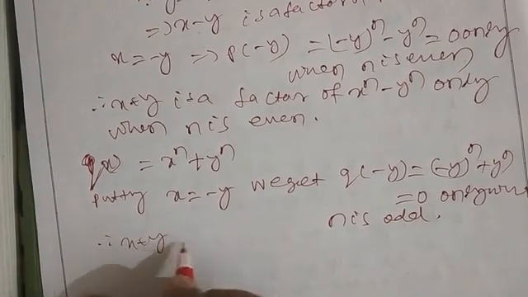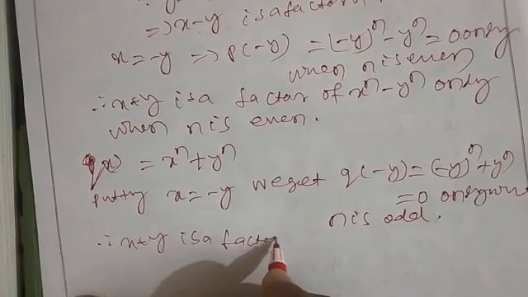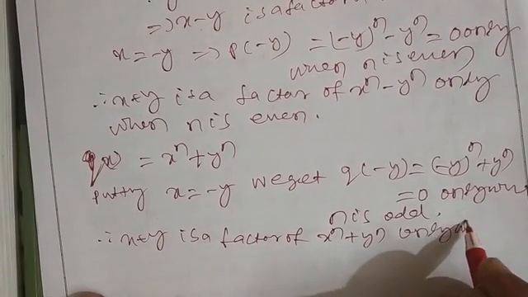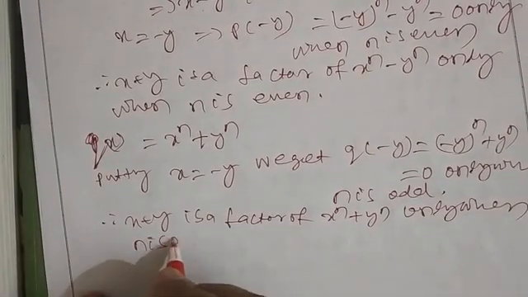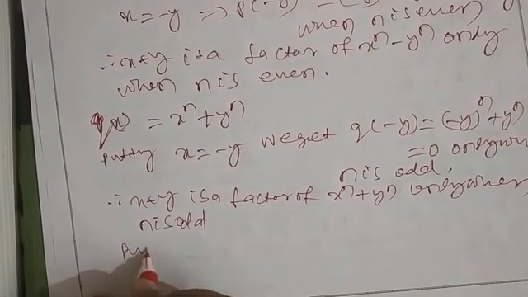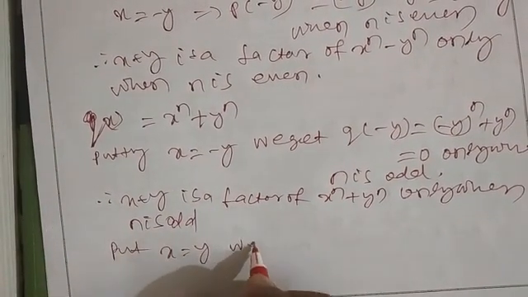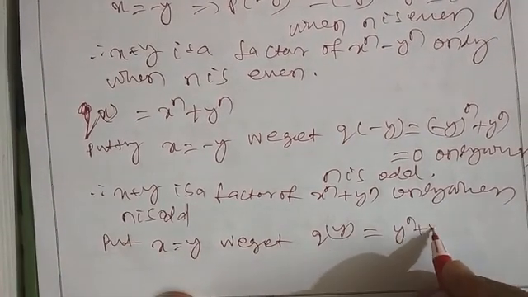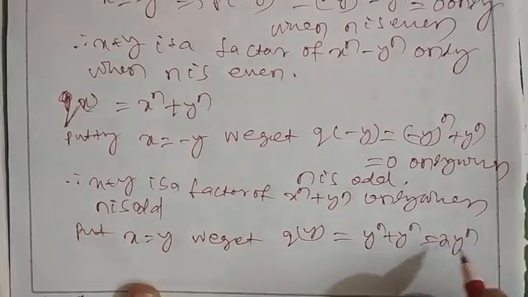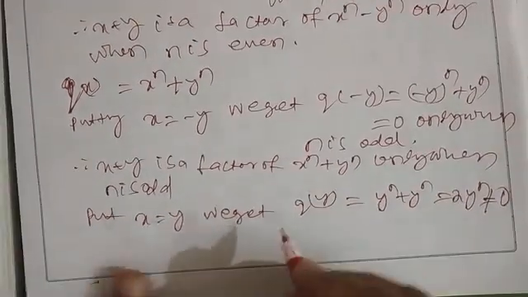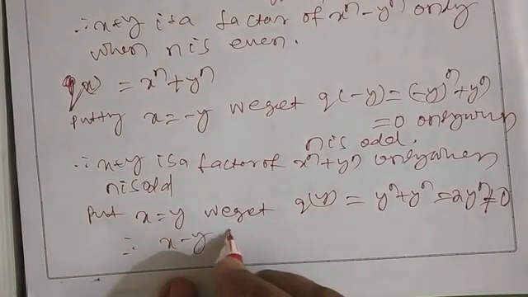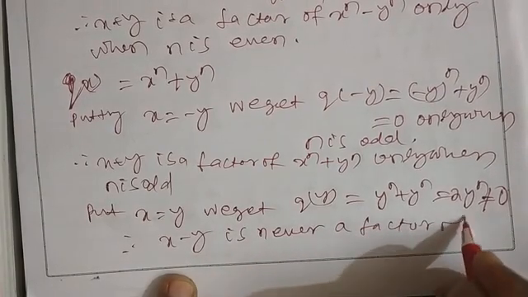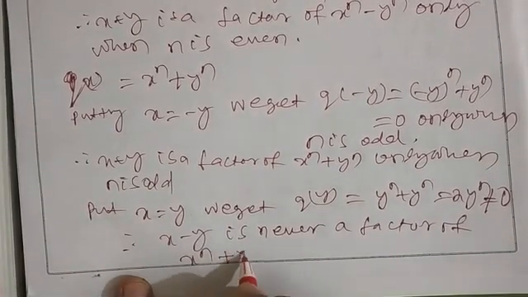Therefore, x plus y is a factor of x to the power n plus y to the power n only when n is odd. And if I put x equal to y, we get Q(y) is y to the power n plus y to the power n, 2y to the power n, which is never 0. Therefore, x minus y is never a factor of x to the power n plus y to the power n.